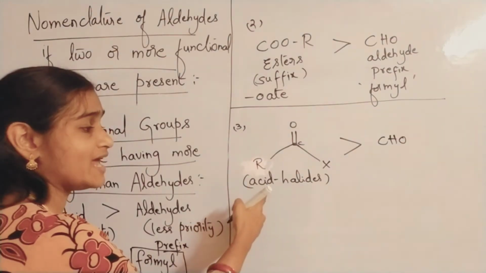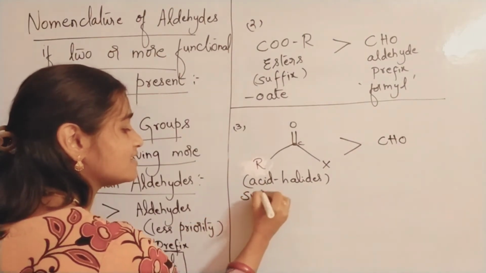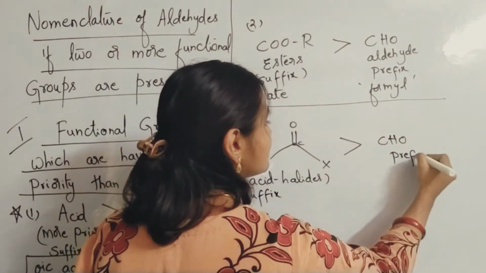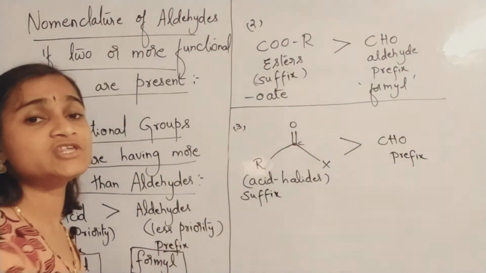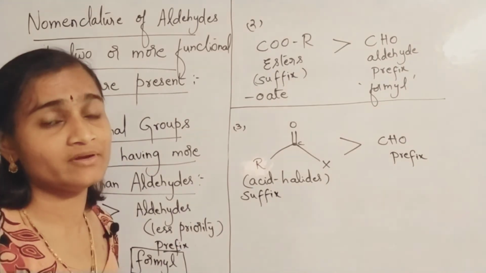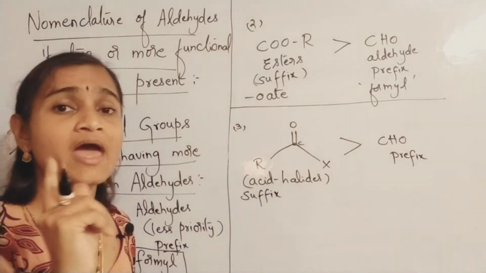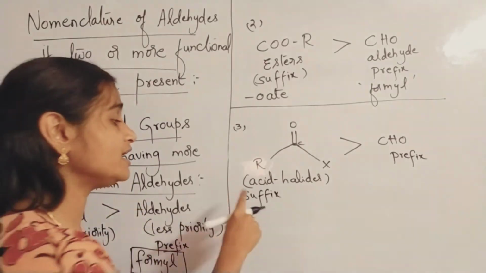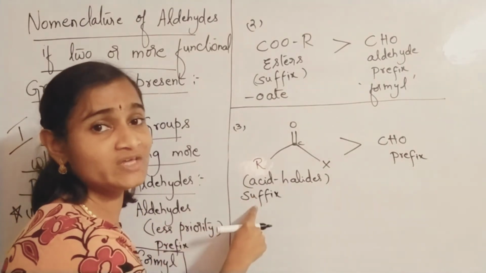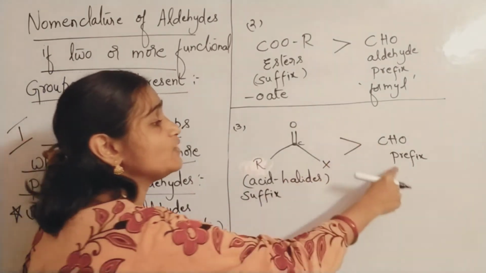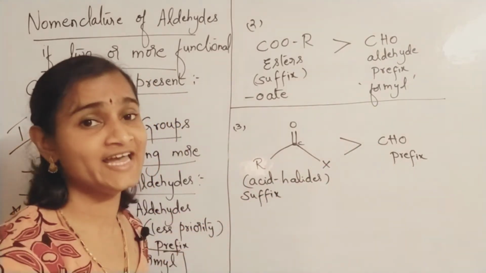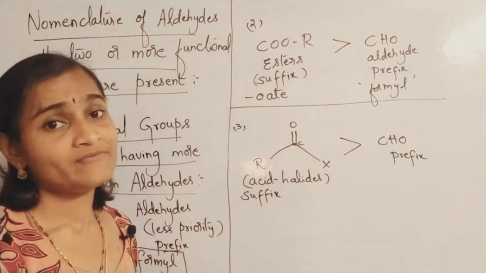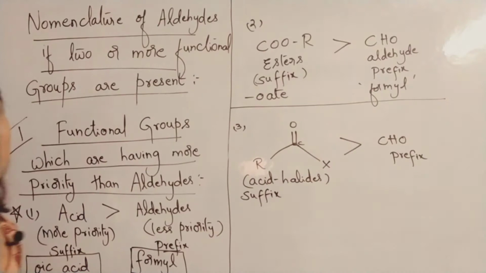So in such cases, for acid halides you will give suffix, and for aldehydes you will give prefix. If both functional groups are present in the same compound, one acid halide functional group and one aldehyde group, you have to give priority to acid halides. So you have to give suffix for acid halides and prefix for aldehydes. What is the suffix for acid halides?